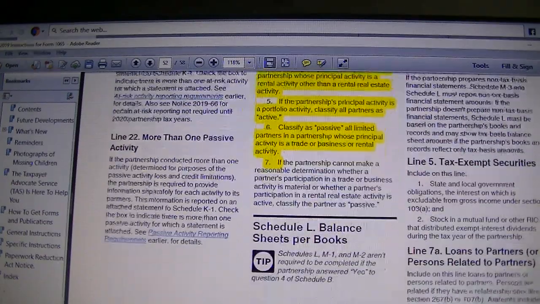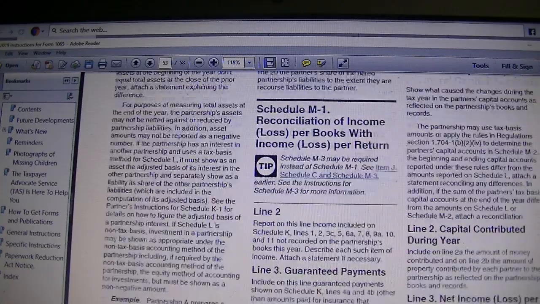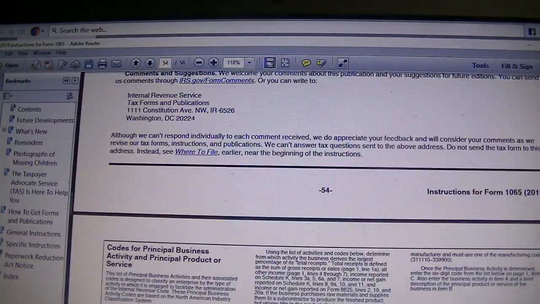We will have that, and then we will have schedule B1 if you have more than 50% ownership of the business. And I'm not finding it.